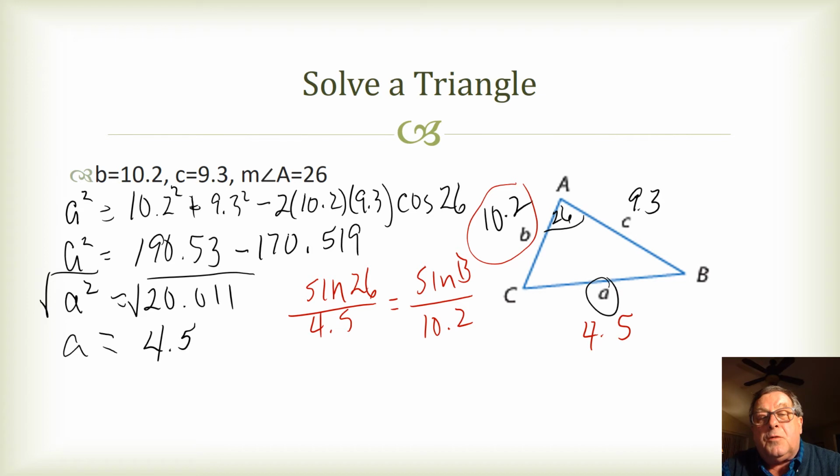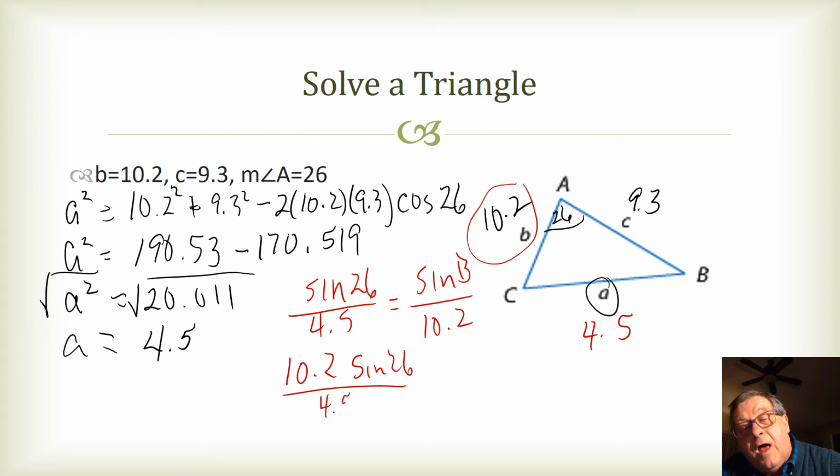Let's multiply both sides. So I got 10.2 times the sine of 26 over 4.5, and that's going to equal the sine of B. But in order to do that, I want to use the inverse because I'm trying to find an angle measure. So I'm going to use the inverse sine to find this angle measure of B.